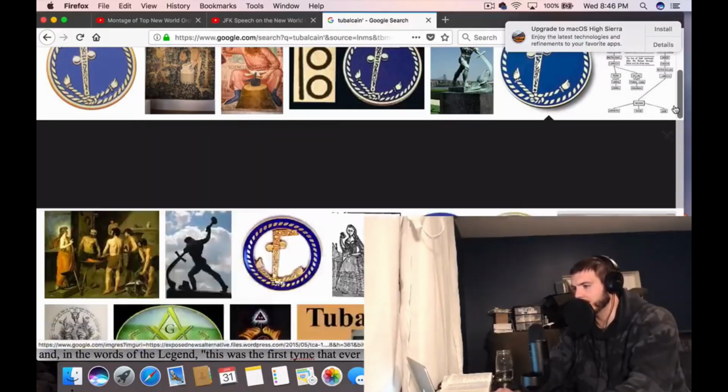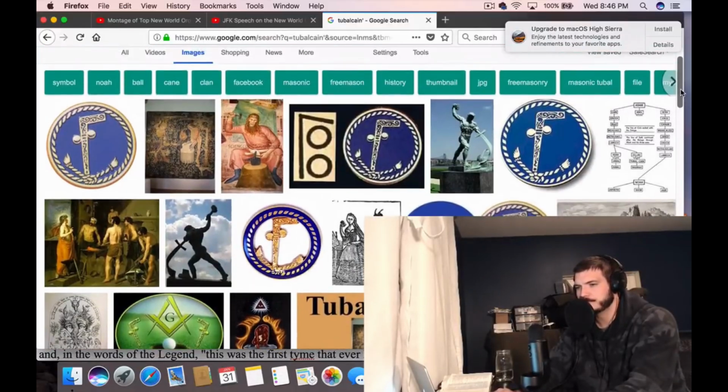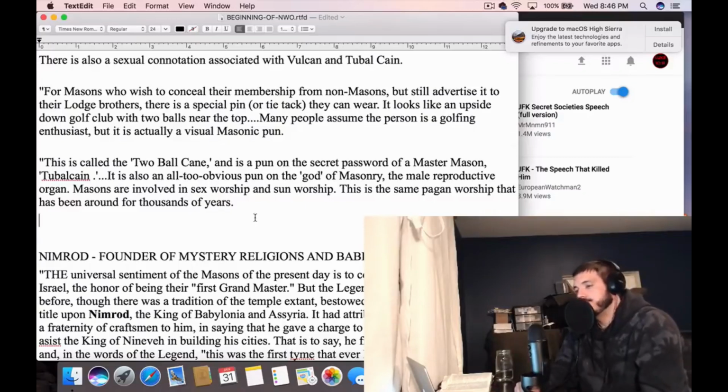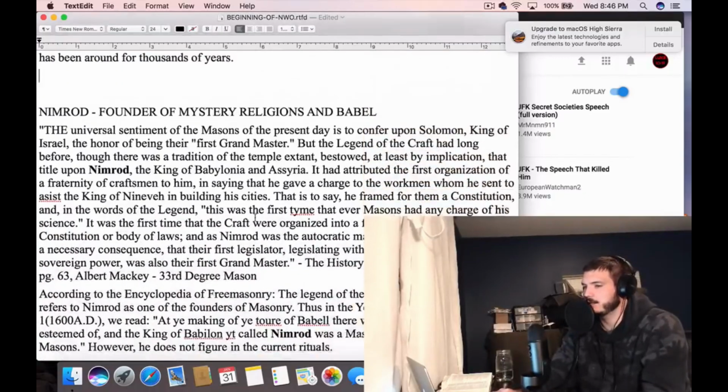You know what they're representing there, all right? There's the Tubal-cain thing. It's all involved in this pagan Egyptian sex and sun worship. It goes back to Egypt and Babylon, but they say Tubal-cain is their ancient brother, okay? And he's Vulcan. Worship with human sacrifice. All right, now let's continue on here.